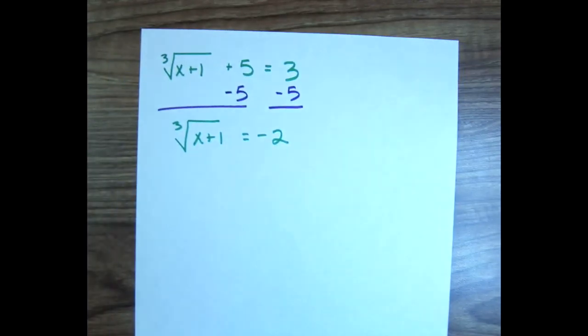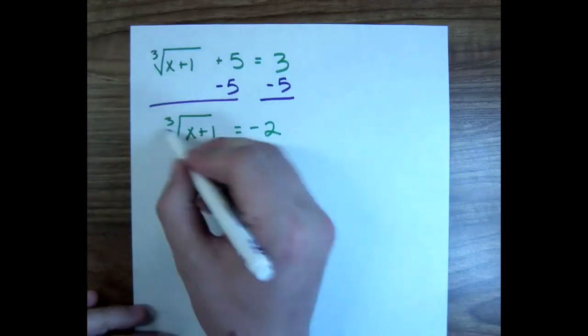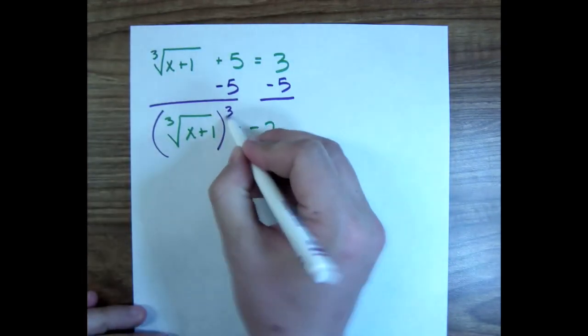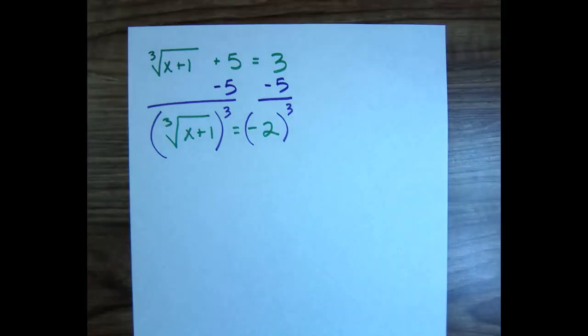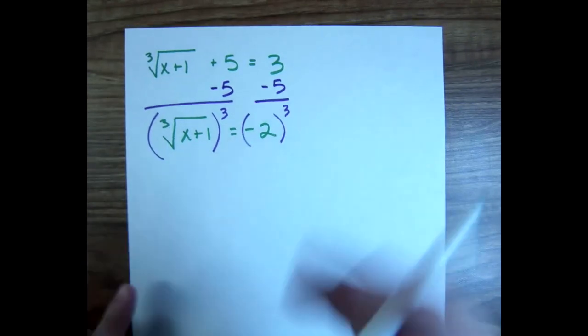So that's what it looks like after I subtract 5 on both sides. Now I've got the root all by itself. Now would be a great time to cube both sides. So what do we have over on the left? Okay, I said left, but we can start with the right.